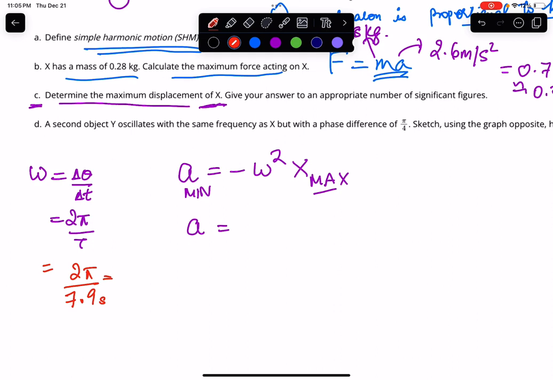So now we simply put it in the calculator. If you do 2 pi divided by 7.9, you get omega to come up to be 0.794 radians per second.